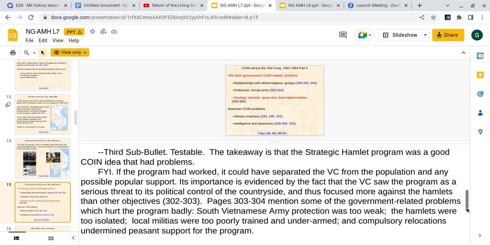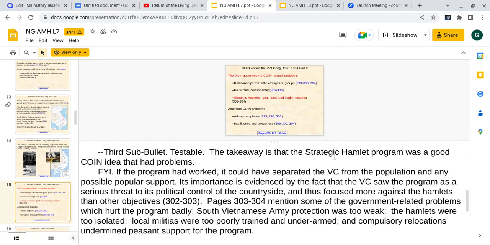Additionally, the local militias in South Vietnam were not trained enough, and they didn't have the weaponry to sustain this tactic known as strategic hamlets. And then lastly, there wasn't much support for the program from people that lived in South Vietnam.